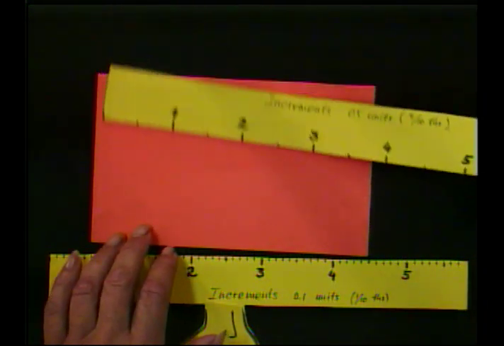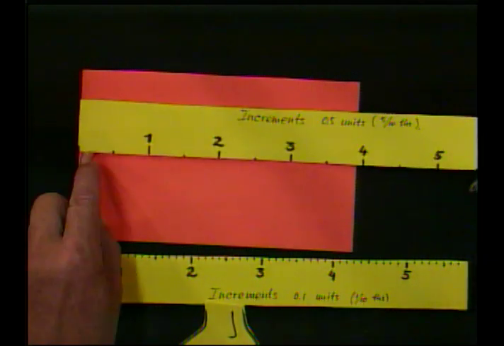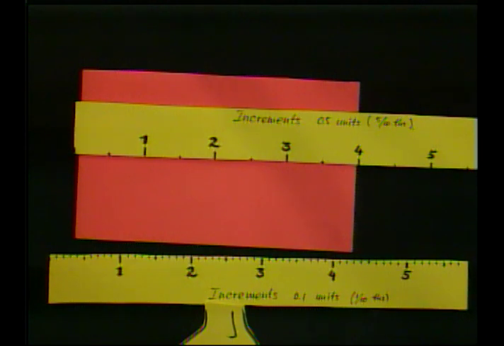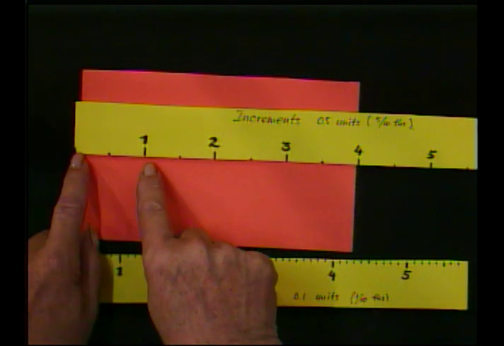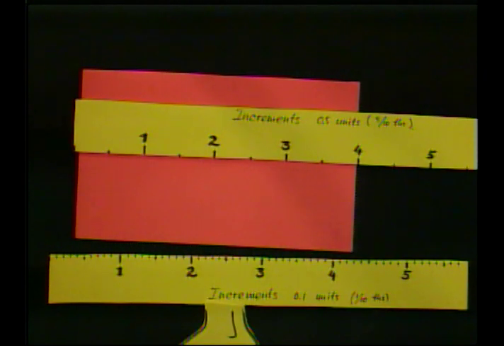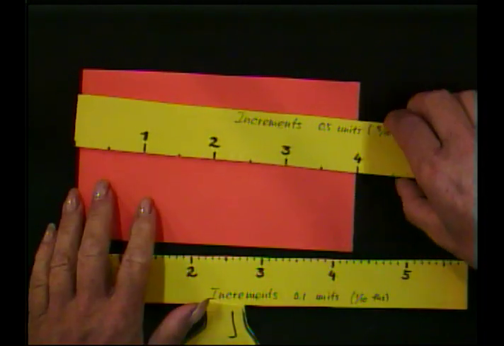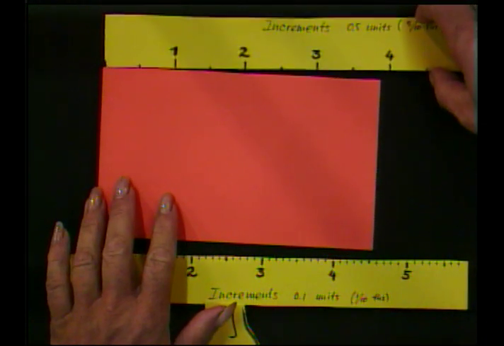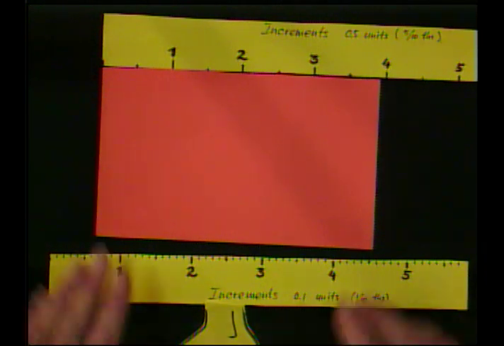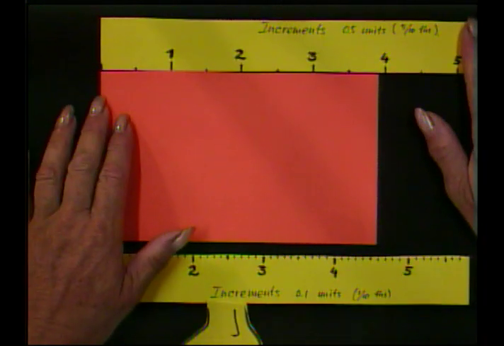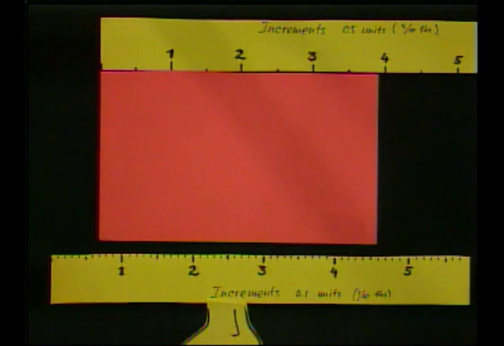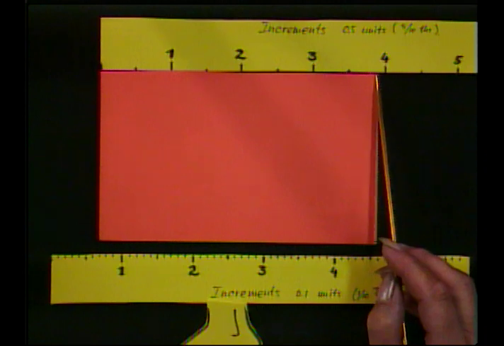Now here I have a type of ruler that has the numbers assigned to various subdivisions, and each one is subdivided by some more subdivisions, which we call increments. Now if I measure the side length of this rectangular space, then I could pretty well say it's 3.5 at least, and then I have to do some guesswork.